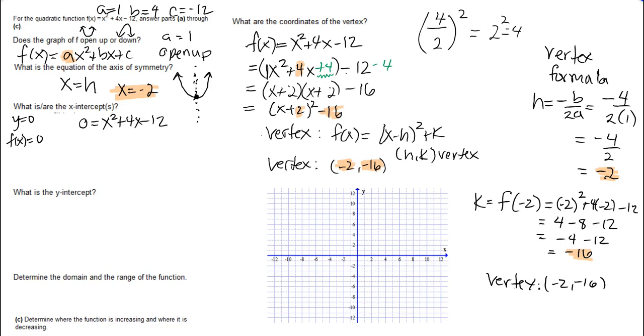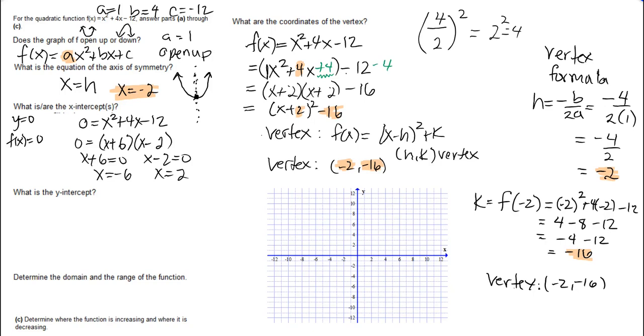Let's see if we can solve it by factoring. 12 is 6 times 2, and we could use a positive 6 and a negative 2. Okay, so that's the correct factorization. We would set each factor equal to 0 using the zero product property. We get x equals negative 6 and x equals 2. So those are our x-intercepts.